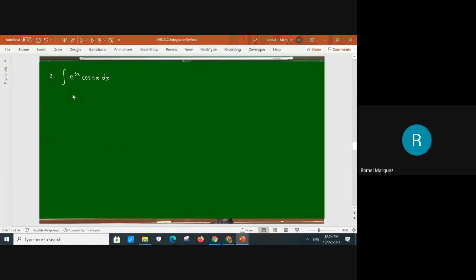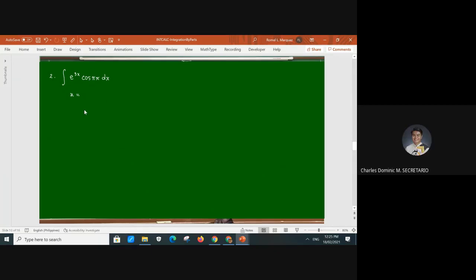Which is better as u here? If you're going to apply LIATE, guys, which do you think is supposed to be the u and which is the dv? According to LIATE, which comes first? Exponential or trigonometric?